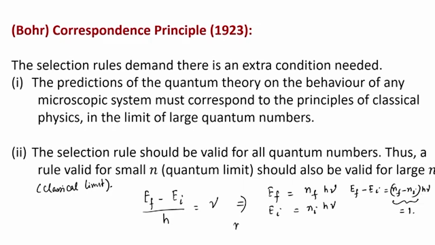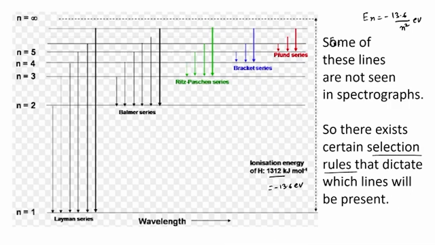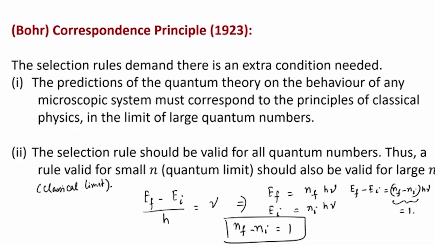This is the selection rule, that NF minus NI is equal to 1, and it will hold no matter what the values of n are. Whether you are at very large n, shown as n equal to infinity, or at very small n, it does not matter; the selection rule NF minus NI equal to 1 will hold in this particular case.